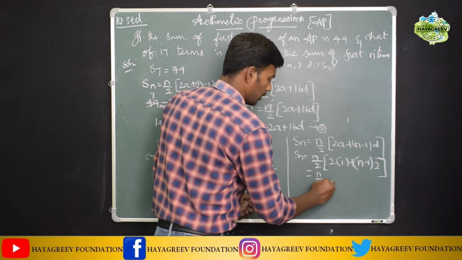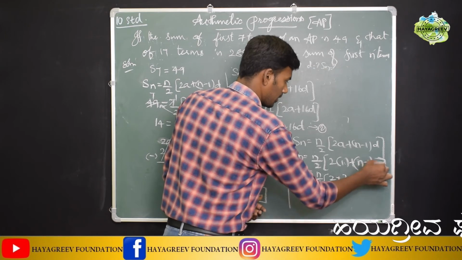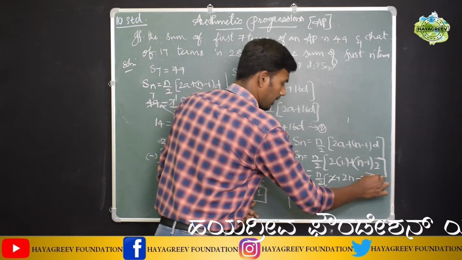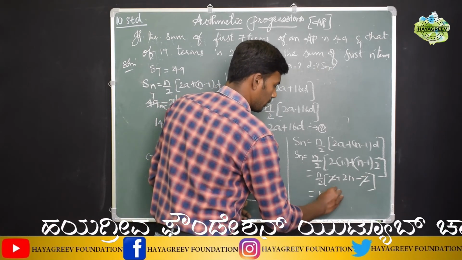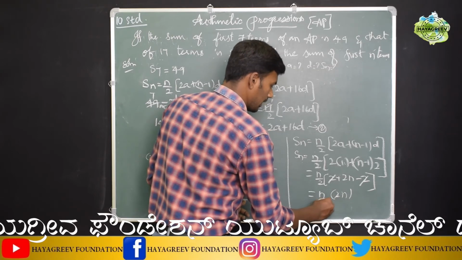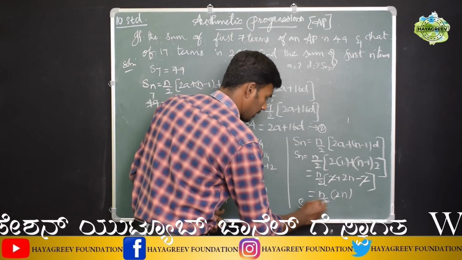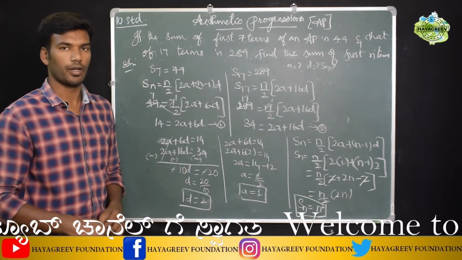Then n by 2 into 2 plus 2n minus 2, the plus 2 and minus 2 get cancelled. Then we will have n by 2 into 2n, then the 2s get cancelled, so Sn is equal to n square. Sn is equal to n square will be the answer.